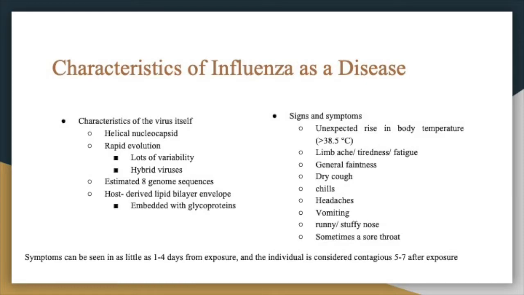There's chills, headaches, which is from pressure and the increase in temperature, vomiting from an upset stomach just from the overall fever, running stuffy nose also from the upper respiratory infection, and sometimes a sore throat due to this upper respiratory inflammation. Some symptoms can be seen in as little as 1 to 4 days from exposure, and the individual itself is considered contagious after 5 to 7 days.